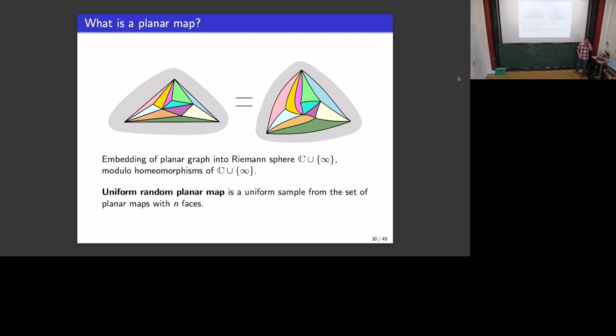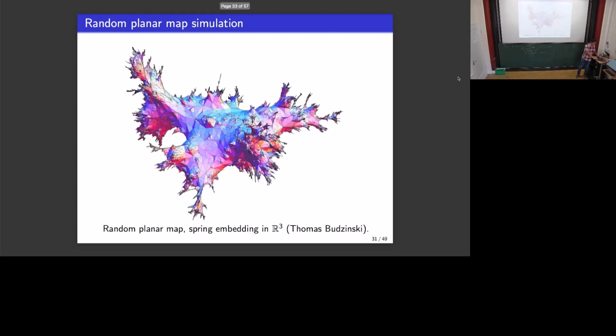Okay, so there are combinatorially many planar maps with n faces, but it's a finite number, so you can sample one of them at random. You fix n very large, you sample a planar map, and what does it look like? So this is a random planar map simulation. The choice of embedding here is the spring embedding in R^3.